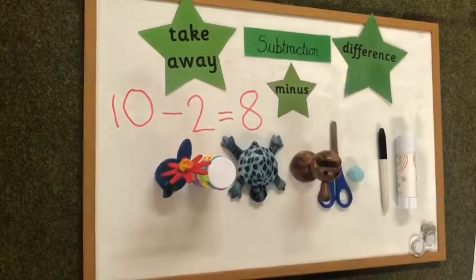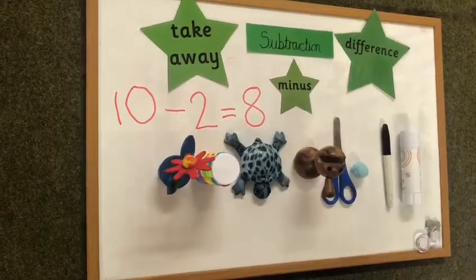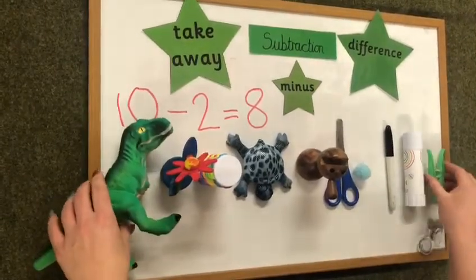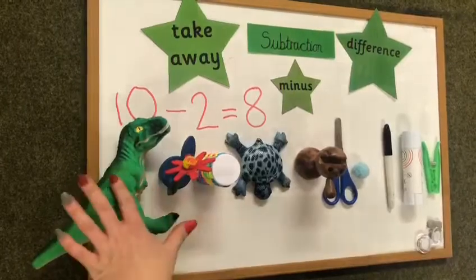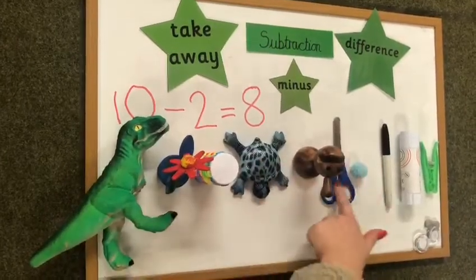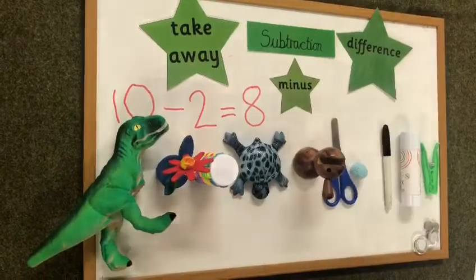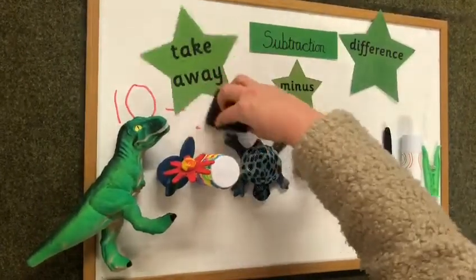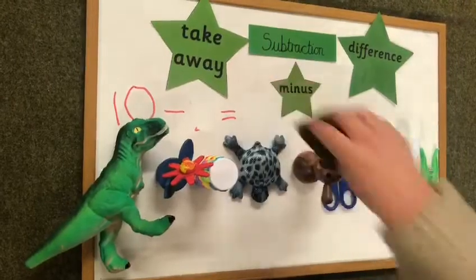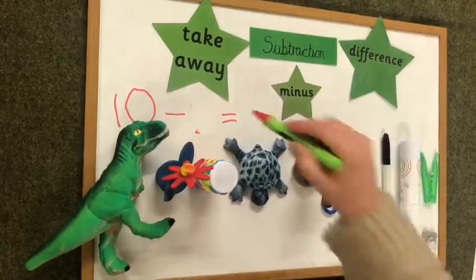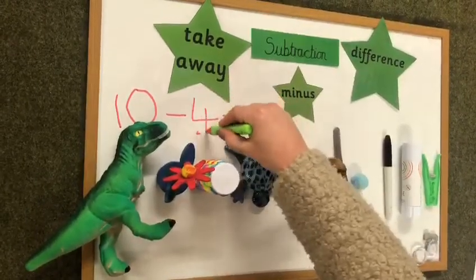If you'd like to pop your items back when you've done that, so we are ready for the next one. 1, 2, 3, 4, 5, 6, 7, 8, 9, 10. So we're going to start with 10 again. And this time we are going to take away 4 of our objects.